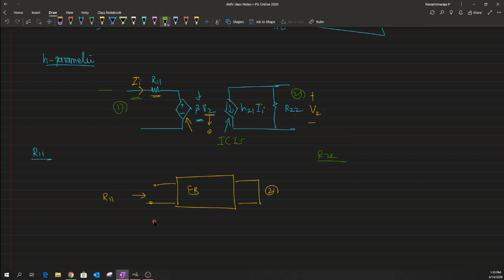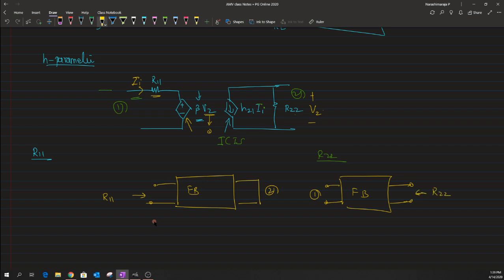So clearly, while computing the value of R22, we want to have an open circuit condition across the first port, such that I can evaluate the impedance R22.